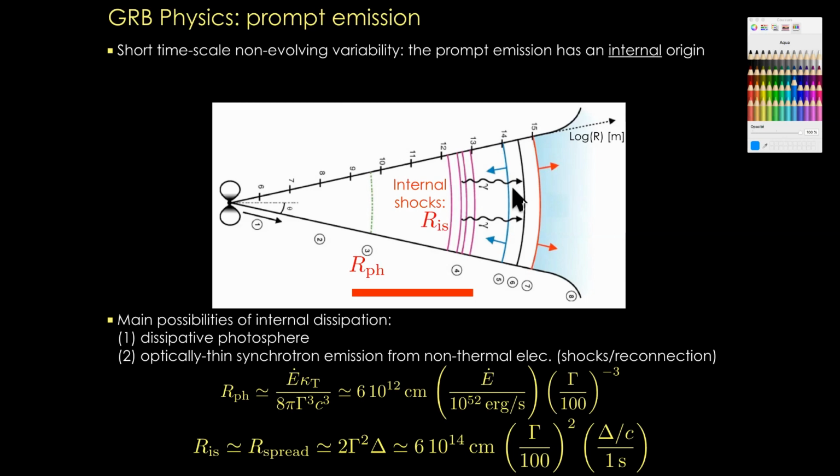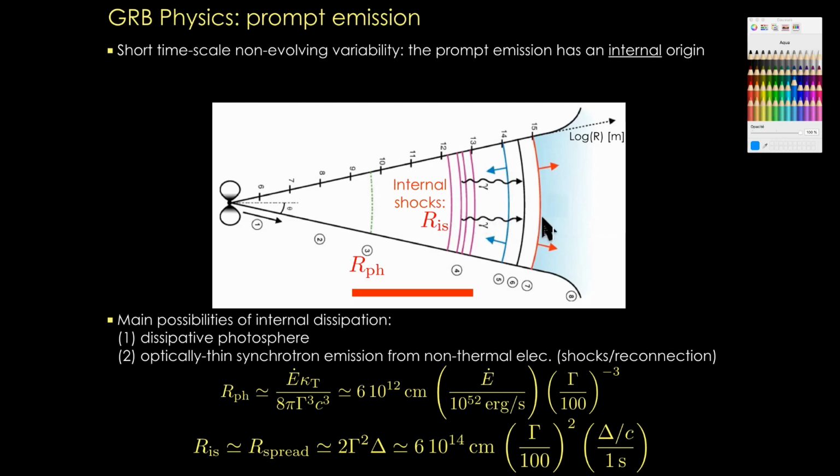Okay, so before doing the calculation of the photospheric radius, I see that there is a question. Yes, a question about the reverse shock. It's a good question. If you agree, I will mention that later when I discuss the deceleration, because the reverse shock is, of course, associated to the deceleration. But the idea is that when the deceleration starts, we will have a reverse shock propagating in the ejecta.